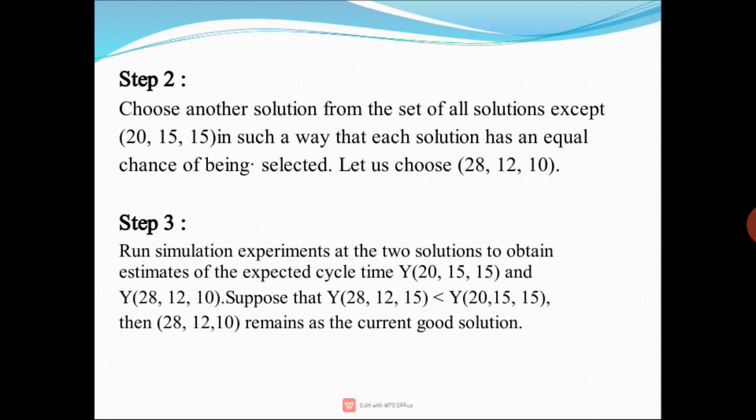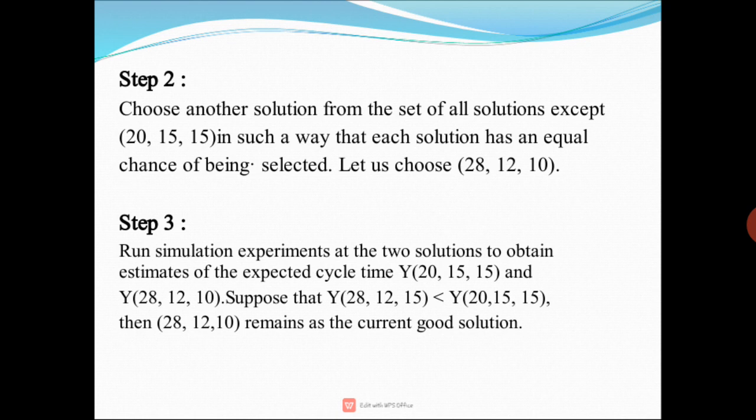Choose another solution from the set of all solutions except solution 20 15 15 in such a way that each solution has an equal chance of being selected. So take 28, 12 and 10. The next step is to run simulation experiments at two solutions to obtain estimates of expected cycle time y of 20 15 15 and y of 28 12 10.